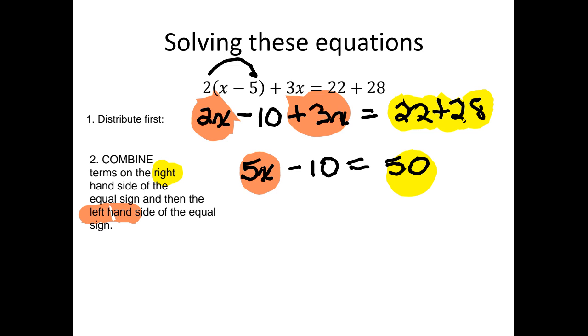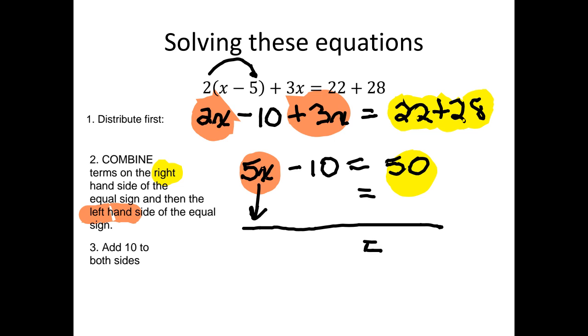Now, my third step, add 10 to both sides. Why am I adding 10? Well, I'm going to draw a line right here. And remember, here's my equal sign. This 5x is coming down.